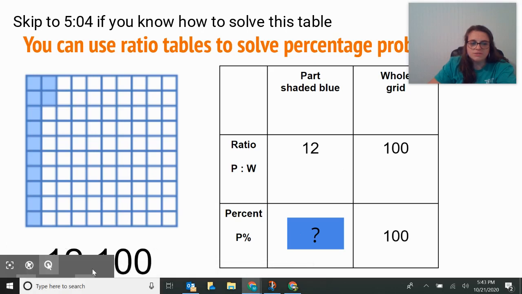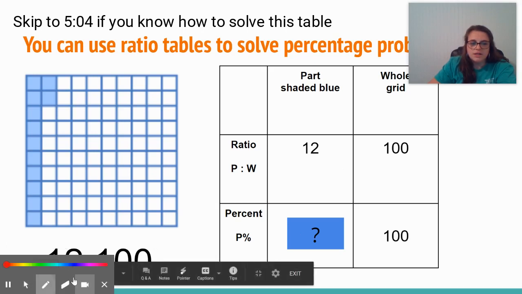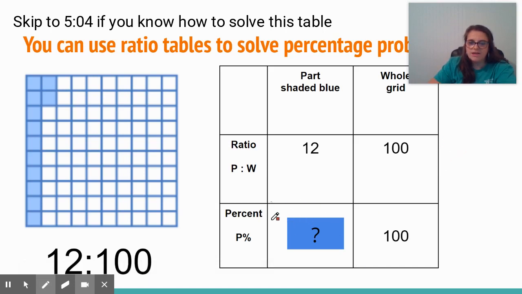First, what I'm going to do is see that my missing number is on the bottom. So I can't go from the bottom to the top. That wouldn't work out too well because I don't have anywhere to start from. So I'm going to go from the top to the bottom. So I'm going to do it over here since I have both my numbers.